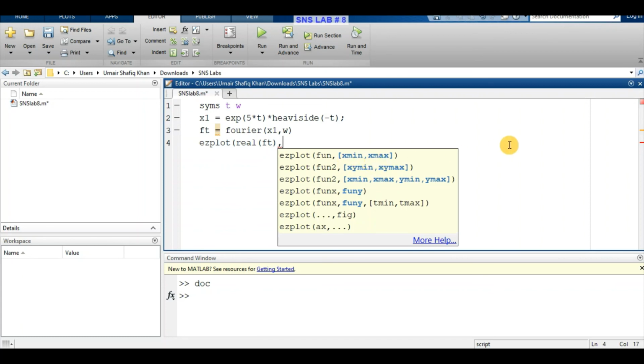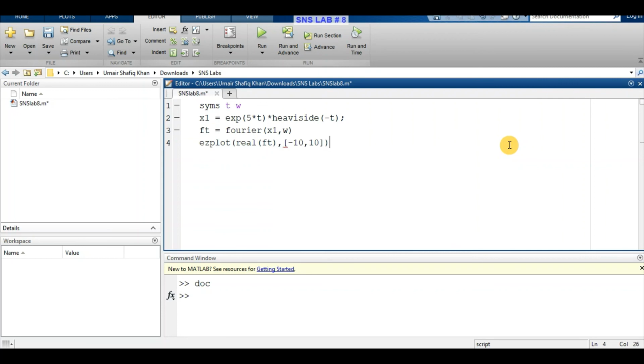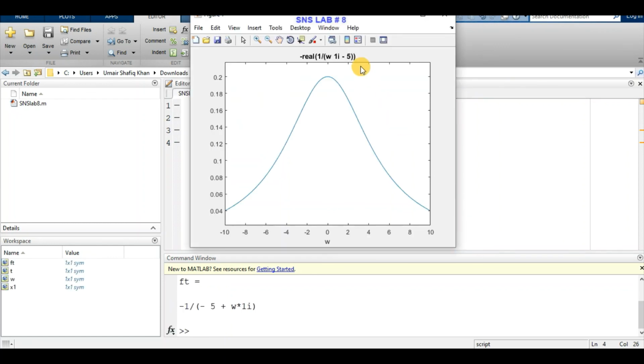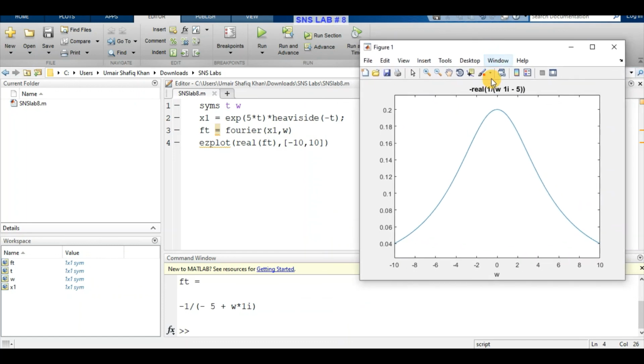Let's say we want to plot it from minus 10 to plus 10. Now we will run this script, and after running this script we can see a plot like this. So this is a plot of the x1 signal but in frequency domain.